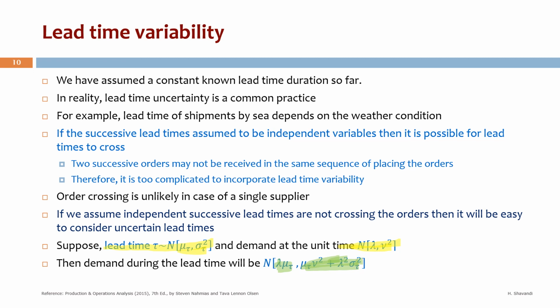That's how we obtain the mean and the variance of demand during the lead time if the lead time length is a random variable with normal distribution.